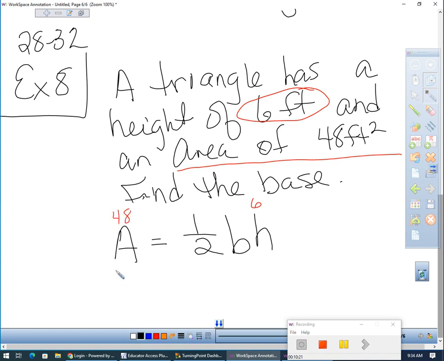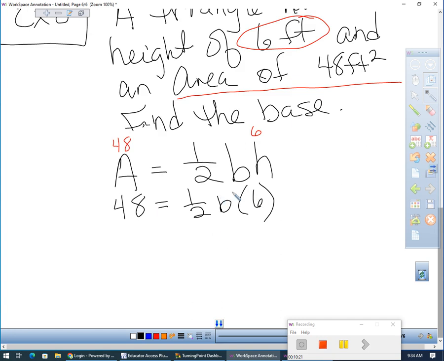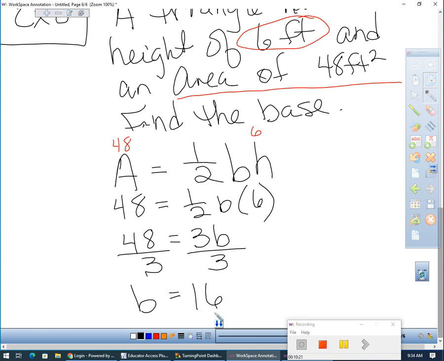So I have 48 equals 1/2 B times 6. Now I can multiply these together on that side. What is 1/2 of 6? 3. So I still have 3B. What's the last thing I have to do to solve? Divide by 3. I get B equals 16.